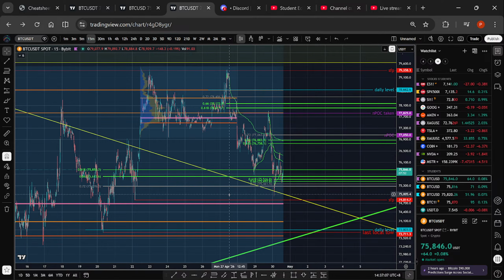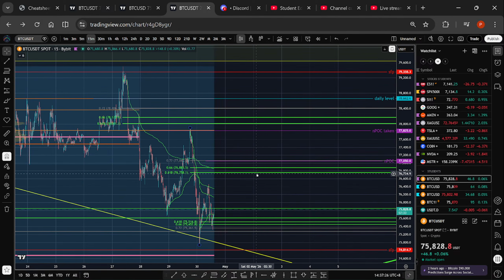If you've missed the short, then this is the area here that I'm looking at. This number, the NPOC, lines up with this fib pocket 0.72 line, from high to low. First of all, it's got to break through this VWAP.